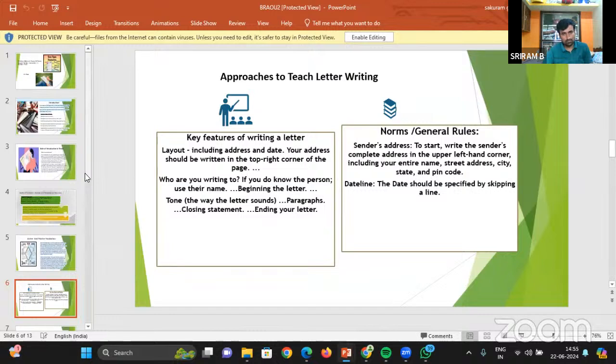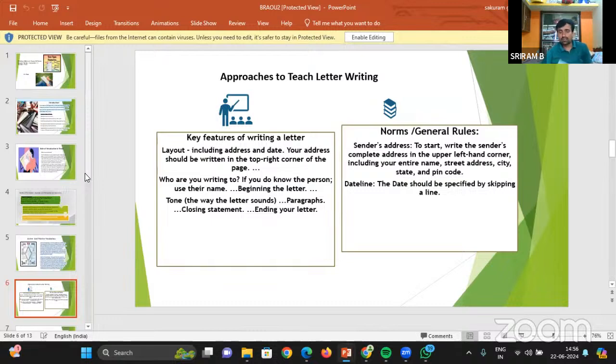Tone, the way the letter sounds. Paragraphs, closing statement, ending your letter. Norms and general rules. Sender's address. To start, write the sender's complete address in the upper left hand corner, including your entire name, street address, city, state, and pin code. Date line. The address should be specified by skipping a line.